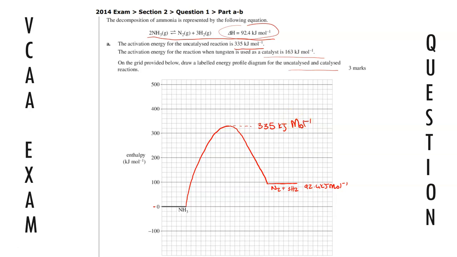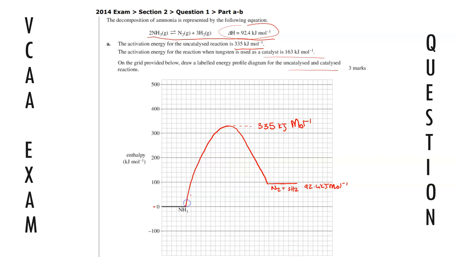Okay, the uncatalyzed reaction is this one. Then we want the catalyzed reaction, which is going to be 163, so it's going to have a lower activation energy, 120, 40, 60, just over that.